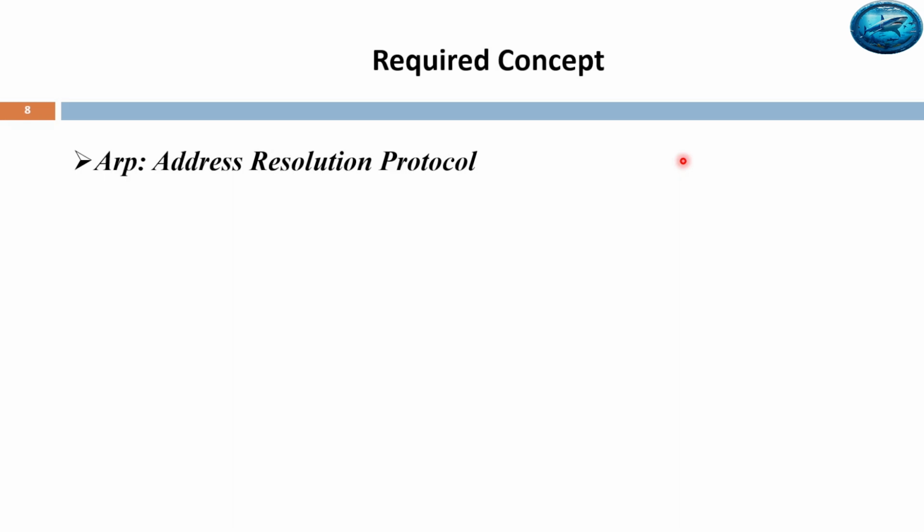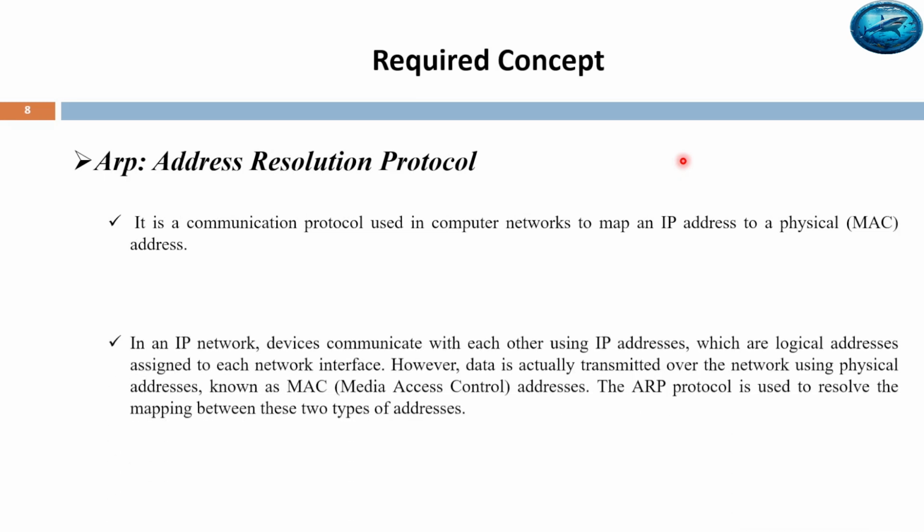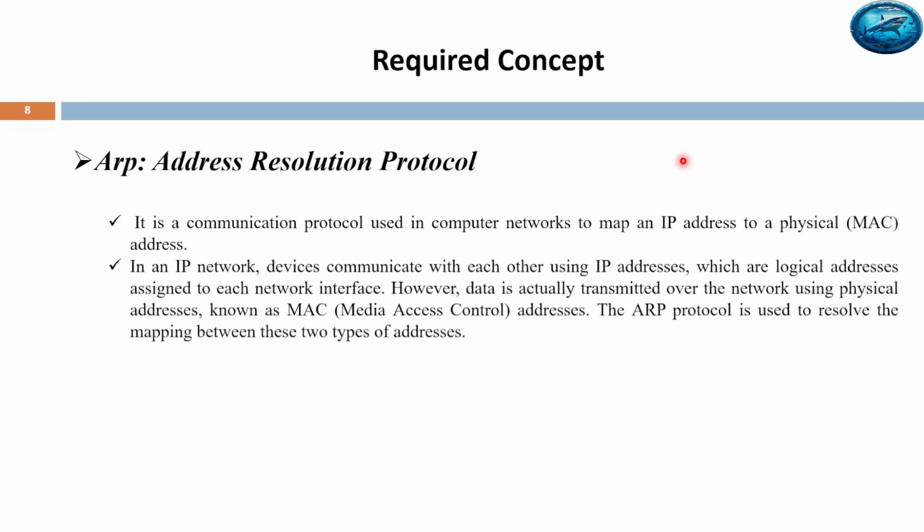What is ARP? ARP is also known as Address Resolution Protocol. It is a communication protocol used in computer networks to map an IP address to a physical MAC address. In an IP network, devices communicate with each other using IP addresses, which are logical addresses assigned to each network interface.